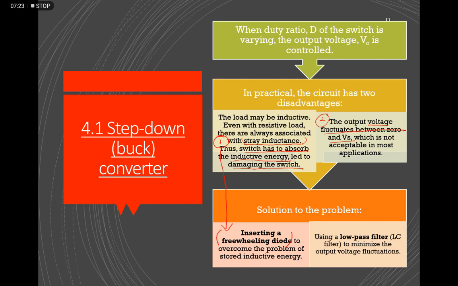For the second problem, with regards to the fluctuation at your output voltage, we will have a low pass filter which consists of an L and C filter, in order to minimize this voltage fluctuation.